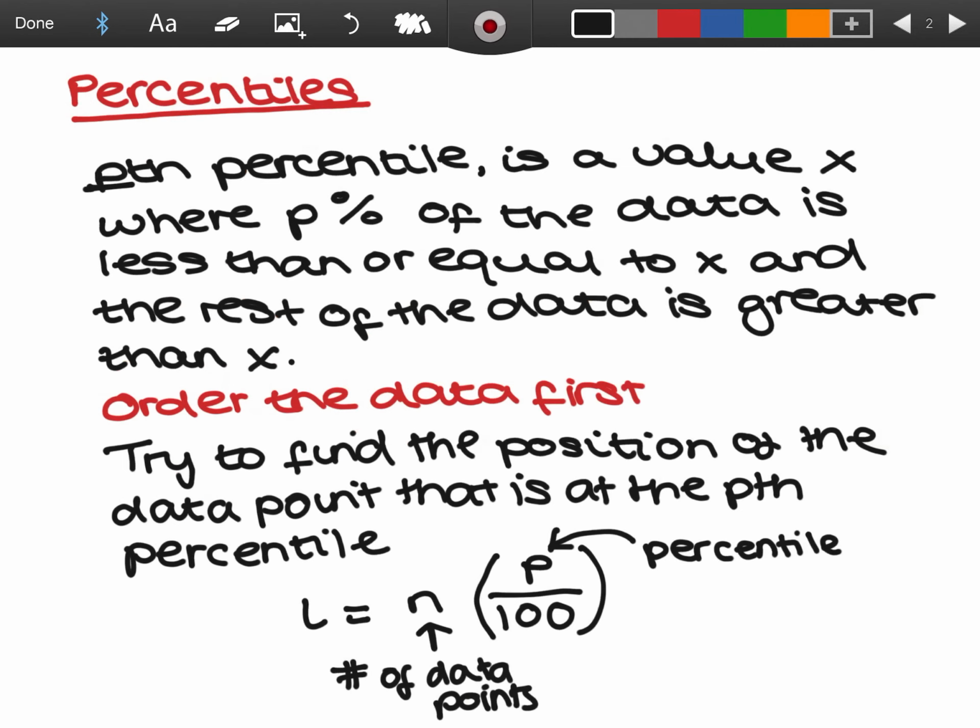What I'm going to do is take that data point and the one above it and average them. So if L comes out to a whole number, I take the average of that data point with the one above it, and that is going to be my pth percentile.